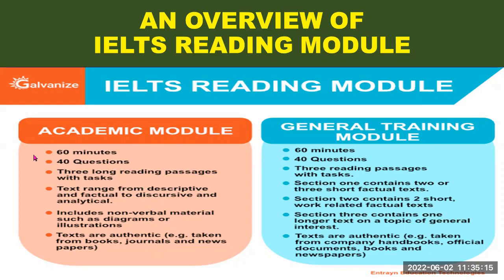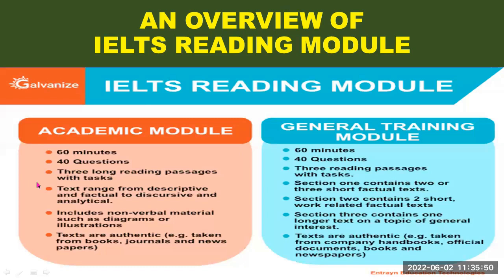If you are trying to gain admission into any of the colleges or universities in the country you are going into, then you need the academic module. If it is for immigration purposes, for citizenship, for work, to get employment, then you need to take the general test. So you need to understand whichever one you are going into.